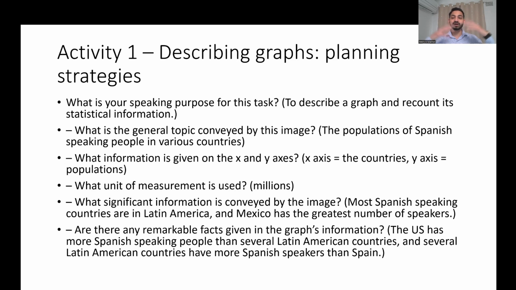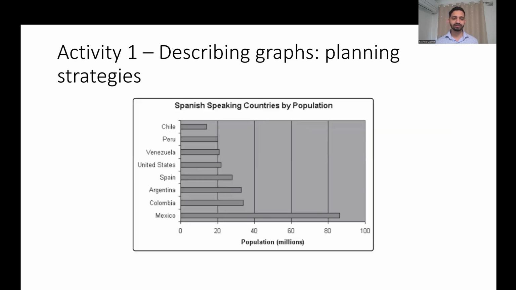Are there any remarkable facts given in the graph's information? You want to think about remarkable facts as well. The US has more Spanish-speaking people than several Latin American countries. So you can come up with that. If you look, the US has more Spanish speakers than countries like, for example, Venezuela, Peru, and Chile, because the United States is one of the countries where English is the main language.